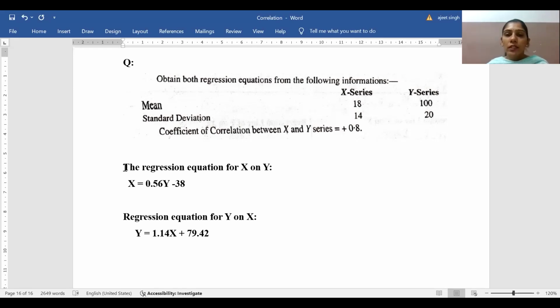After getting all this information, we can put all the values in the regression equation. So the regression equation for x on y is x is equal to 0.56y minus 38, and the regression equation for y on x is y is equal to 1.14x plus 79.42.